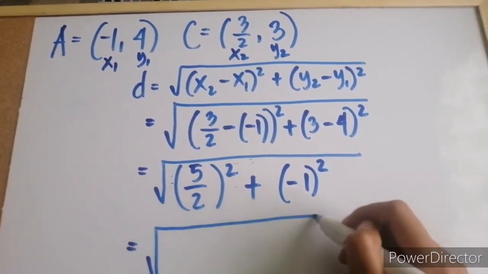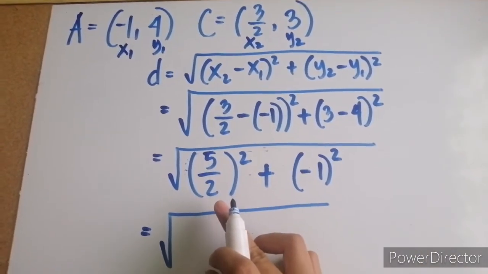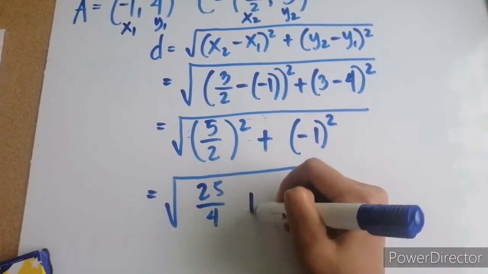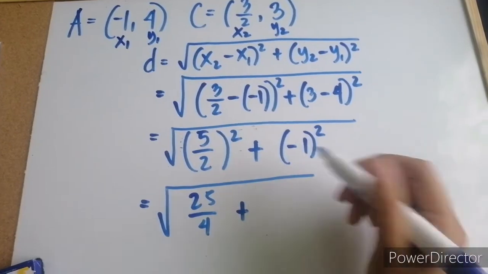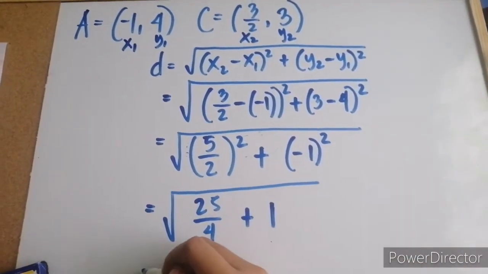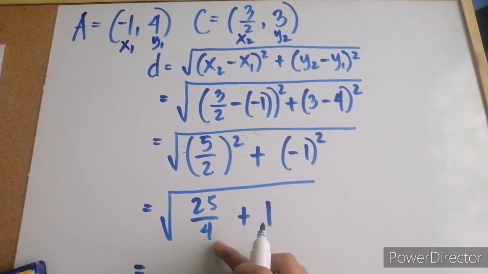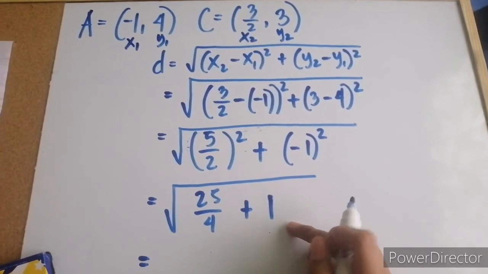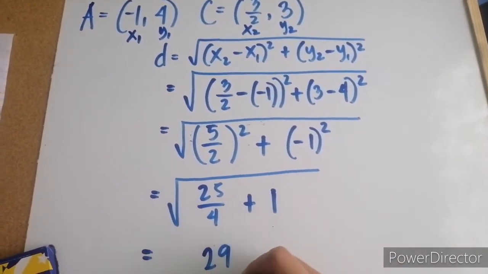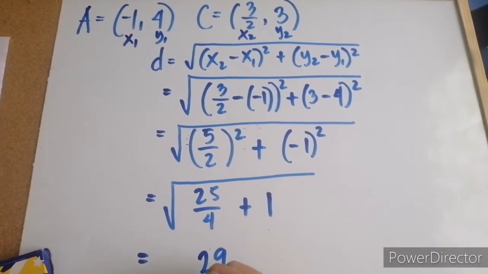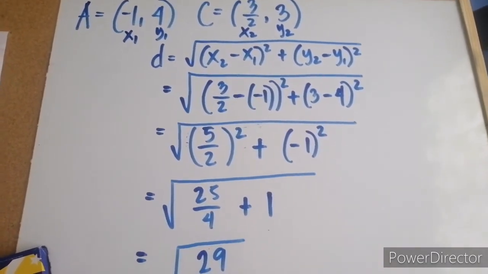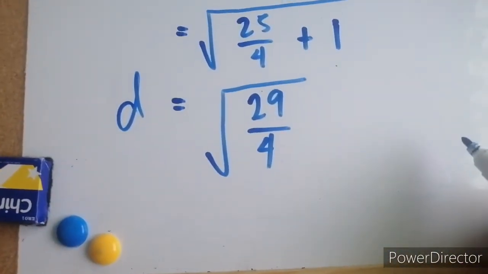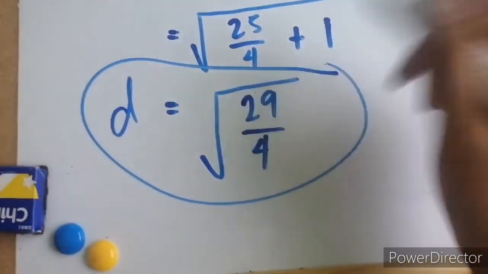So 5 over 2 squared is equal to 25 over 4 plus negative 1 squared, that is positive 1. So 25 over 4 plus 1 is equal to 29 over 4, square root. Our distance is equal to the square root of 29 over 4.